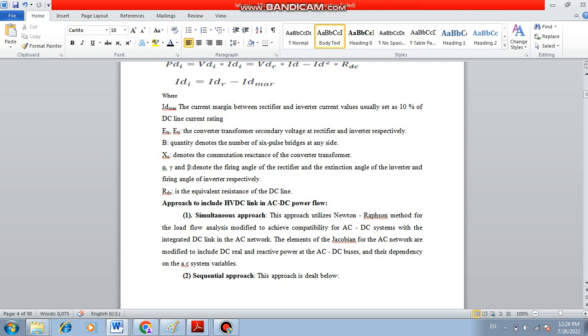You have the Jacobian matrix J1, J2, J3, J4 multiplied by delta theta, delta V, equal to delta P and delta Q. This is called AC load flow, and you get the real power and reactive power by the Newton-Raphson method. Here you incorporate the HVDC link between any two buses and then run the Newton-Raphson power flow. That is the simultaneous approach.